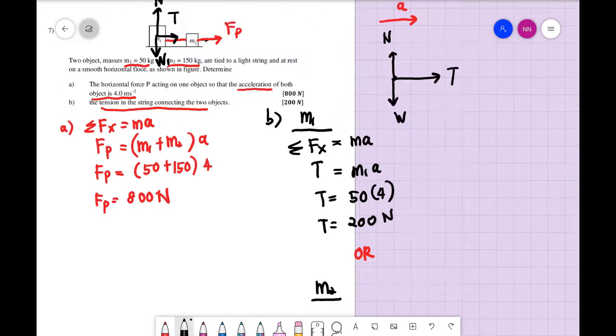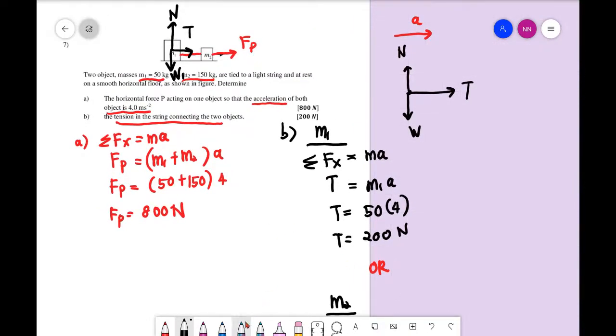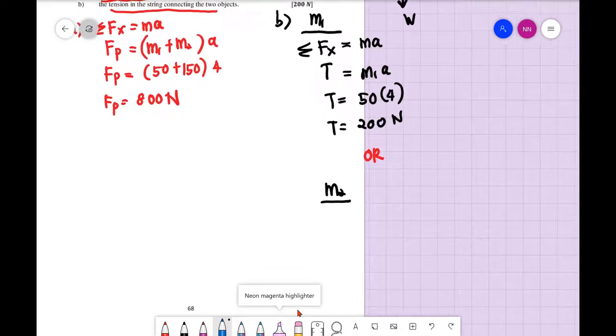Okay, so for M2, it has normal at Y component and weight 2 at Y component as well, and force P at Y component, and T. FP is at X component and T at X component.